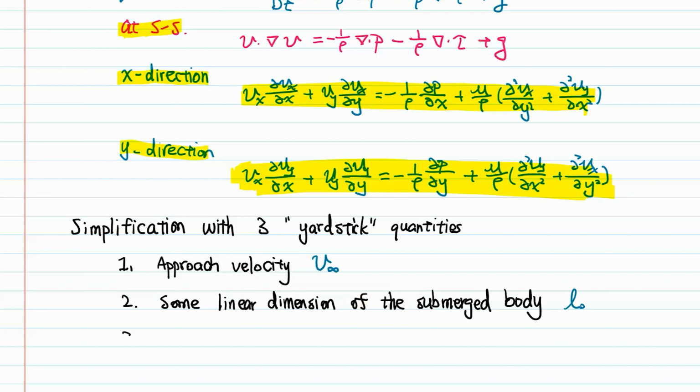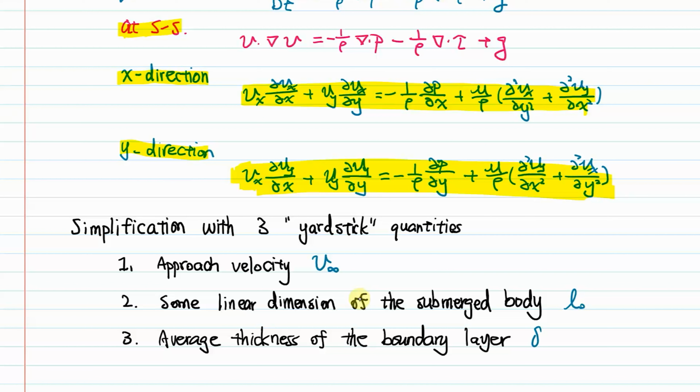And the third one would be the average thickness of the boundary layer, which we would represent with the Greek letter delta naught.